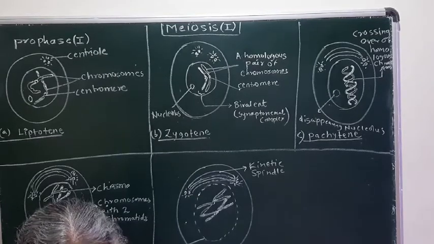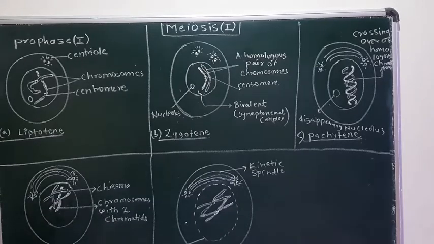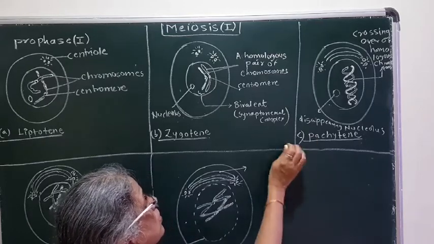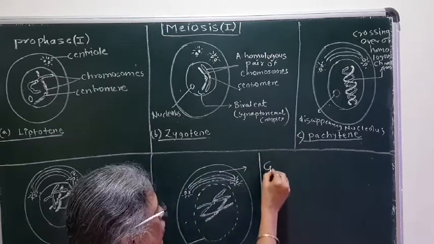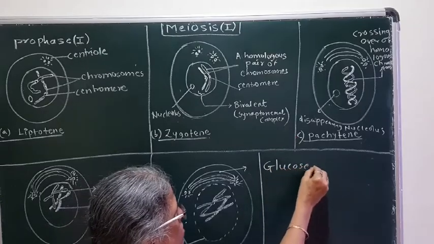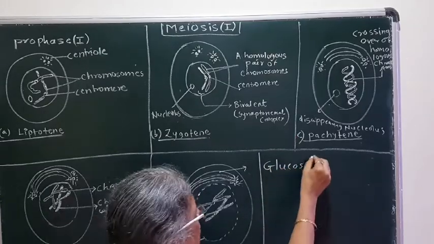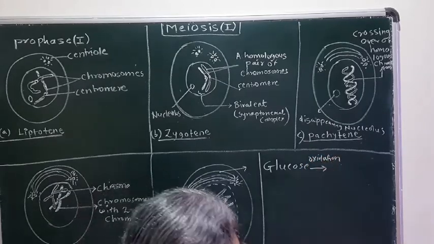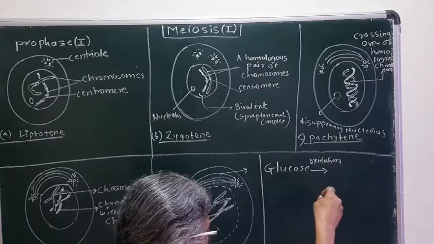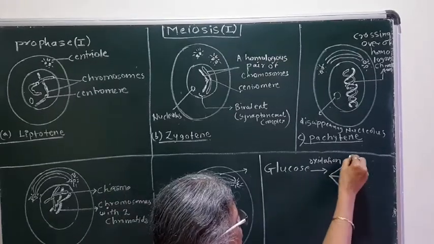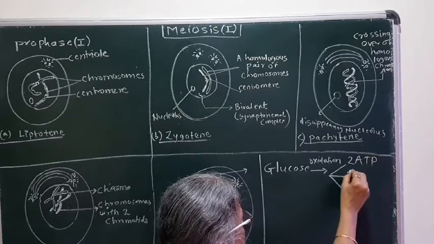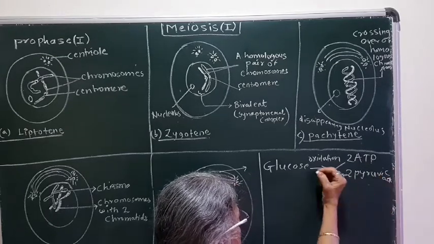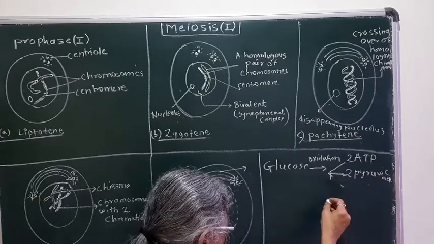Glycolysis is given in detail, but after completion of glycolysis, you write it like this. You can write it like a chart or a cycle. After completion of all the statements in glycolysis, you write like this. Glucose on oxidation, what three things do we get? 2 ATP, 2 pyruvic acid, and the third thing is 2 NADH2.